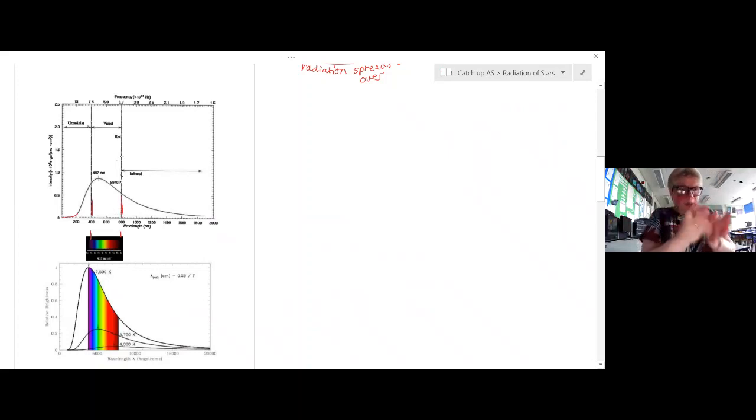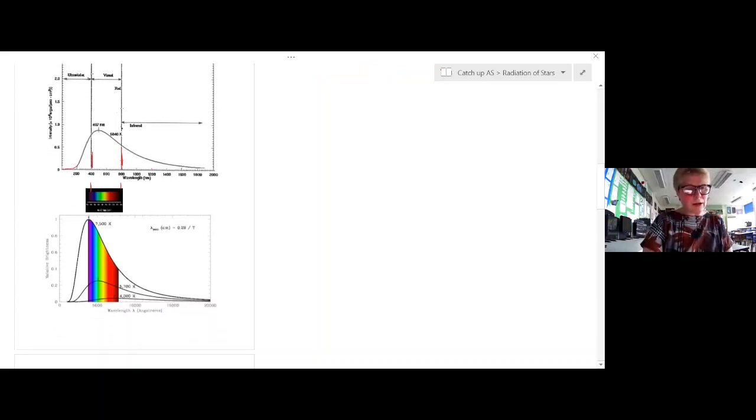You almost have to do it mentally, and then judge how much of the radiation is attributable to the colours and the intensity of those colours.